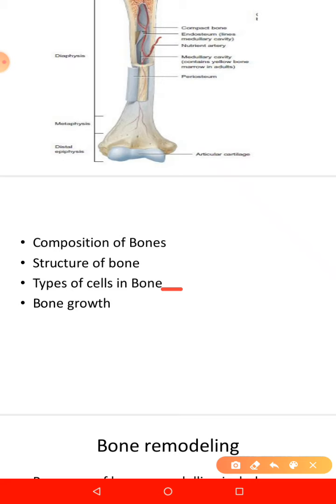And then the last are the osteoclasts. These are bone cells concerned with bone resorption. These are the cells which are activated by PTH and vitamin D.